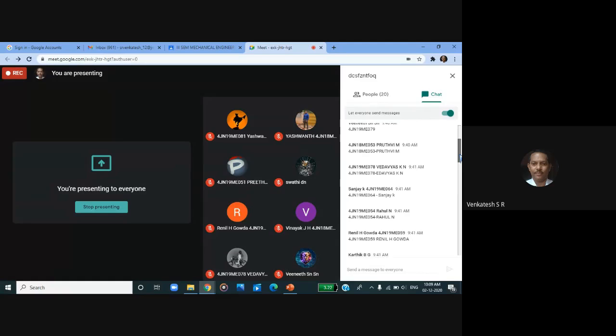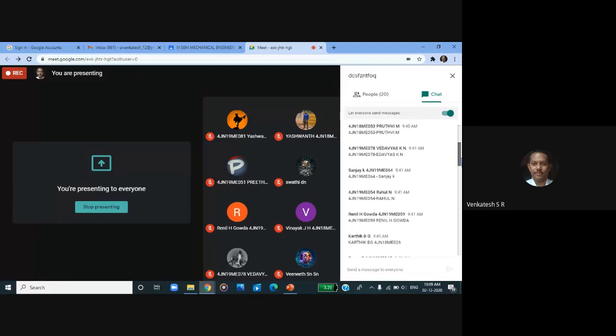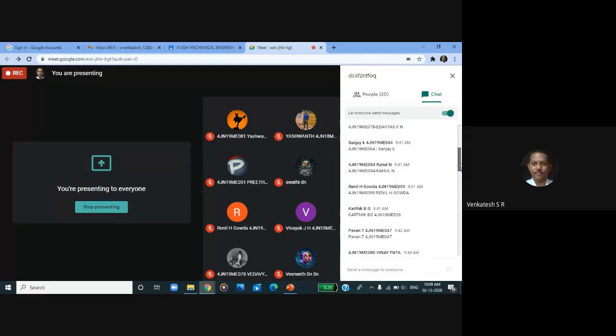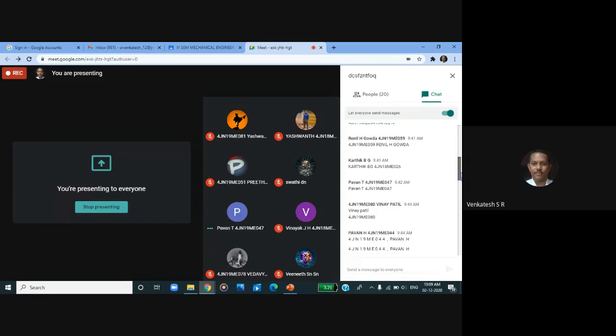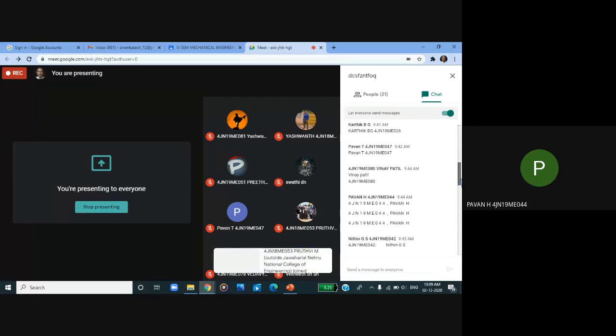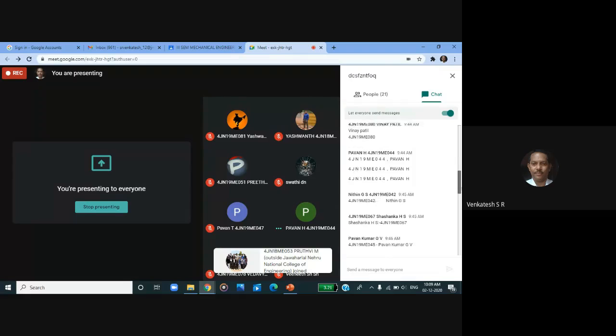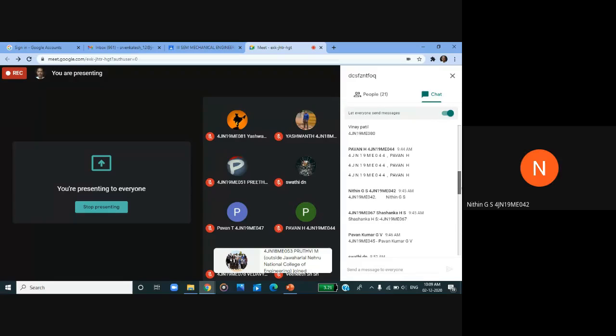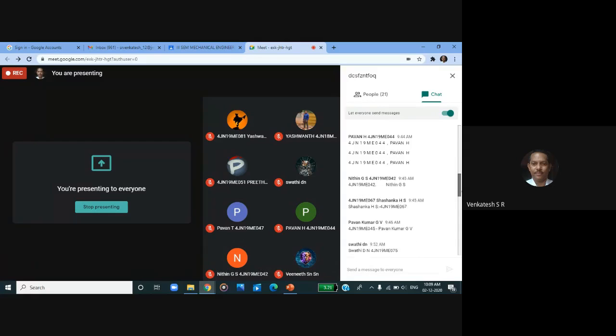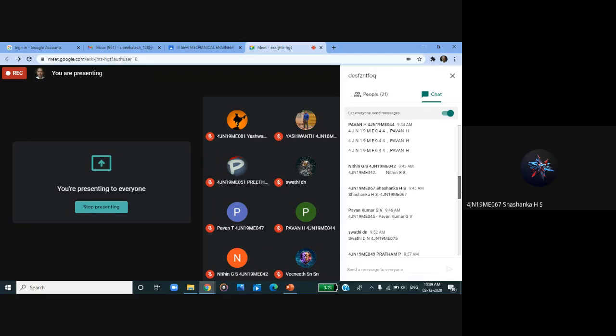Sanjay, Rahul N, Pawan T, Vinay Patil, Pawan H, present sir. Nitin GS, present sir. Shashank HS, present sir.